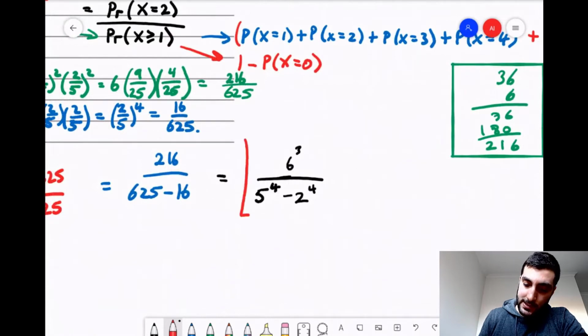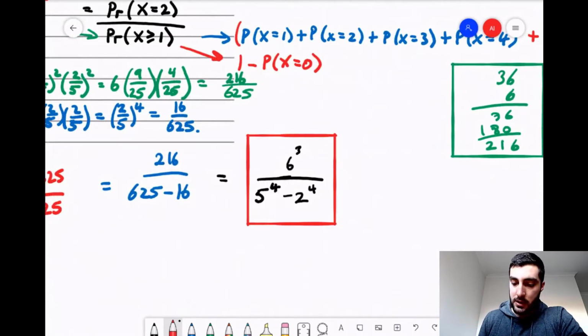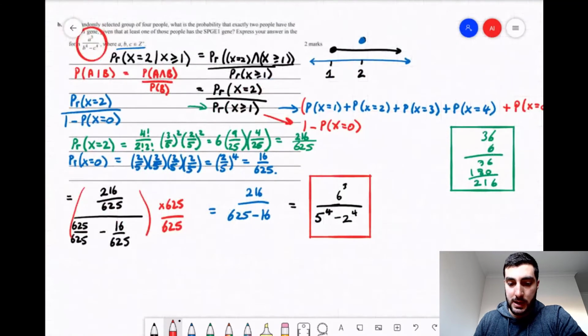So that's the final answer. We've met the condition of this question. The A, B, and C had to be positive integers. They are, and they're expressed to the right indices there. That's really the critical thing. A lot of people that were able to answer this question didn't have it in the correct form. So that was one of the main points of feedback in the examiner's report.